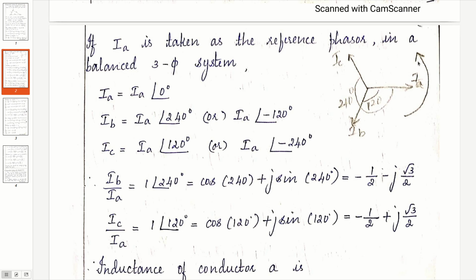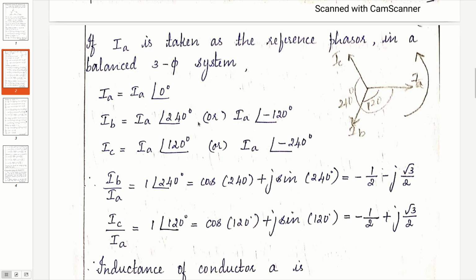By considering IA as the reference phasor and taking the positive anti-clockwise direction of rotation, we have drawn IB behind IA by 120 degrees and IC behind IB by 120, or behind IA by 240.